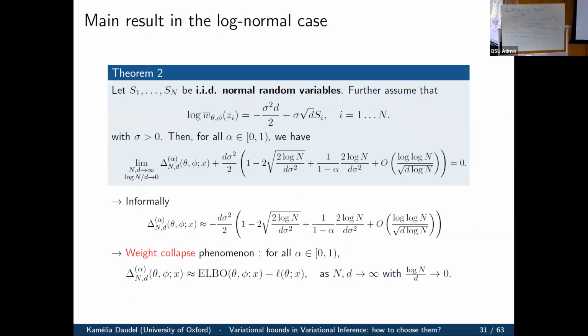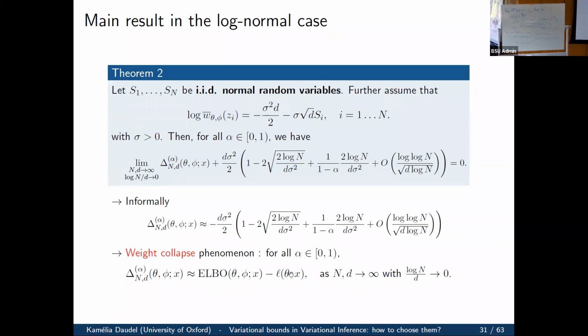Basically, you might have n that is bigger than 1, but unfortunately for you, it's not enough unless you get out of this condition, which is that log n divided by d does not go to 0. If you are under those assumptions, then you can show that your variational gap behaves like the evidence lower bound minus the log likelihood. So you've got a collapse to the evidence lower bound.